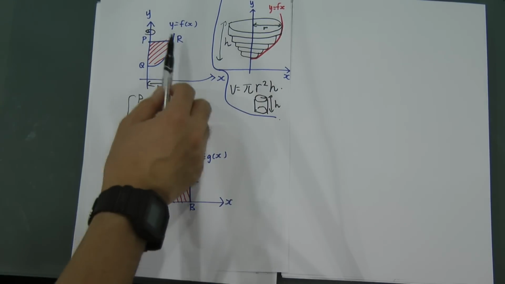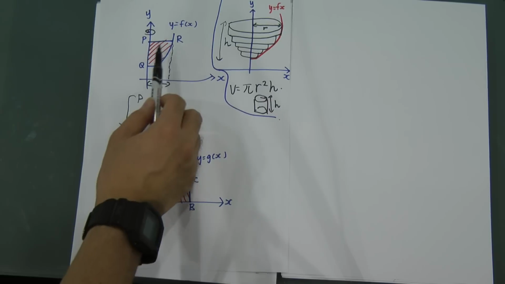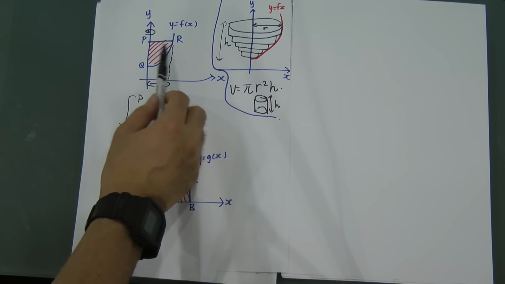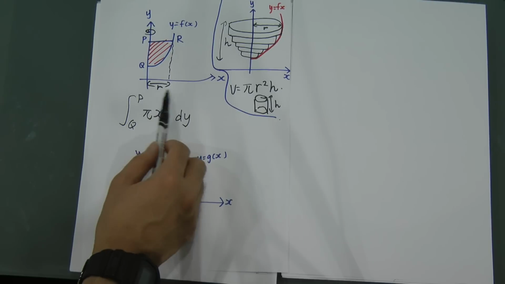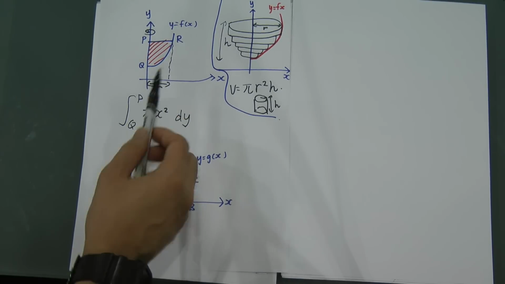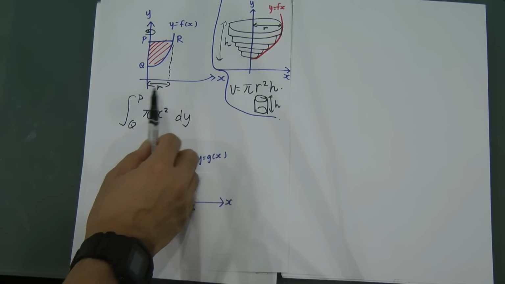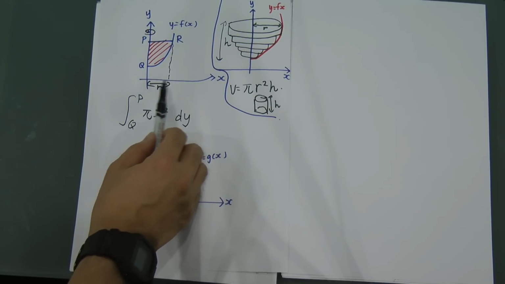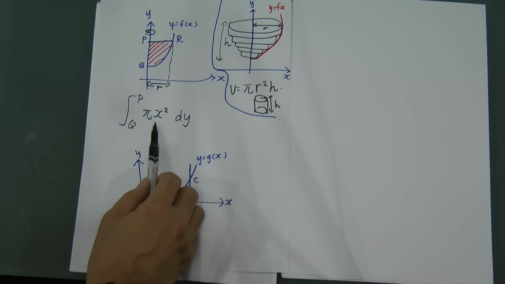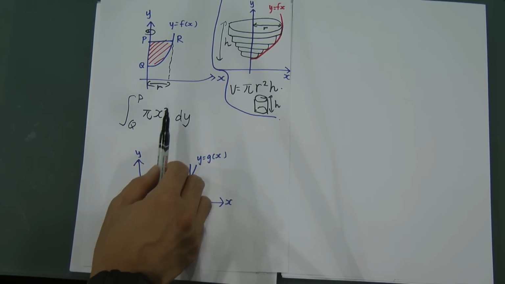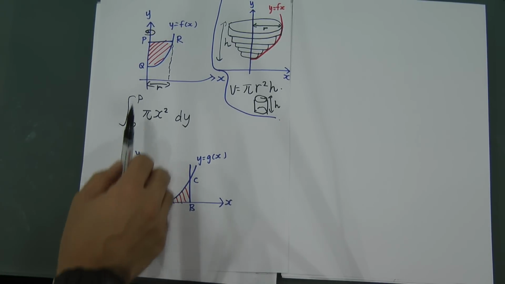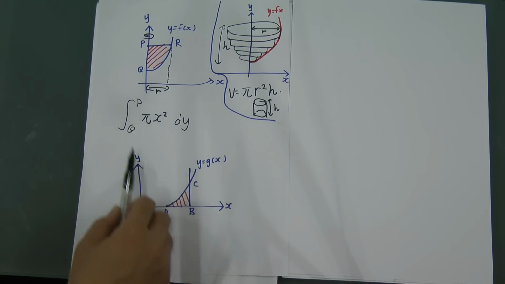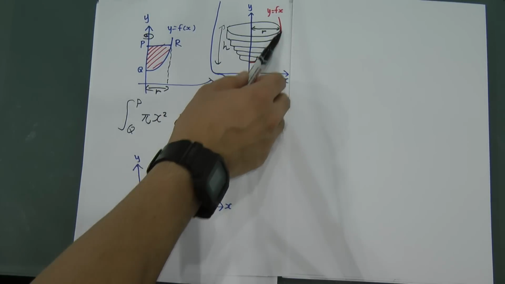So when he rotates 360 degrees, this is pi r square, and r here actually is the length on the x-axis, meaning the x value. If this is 0 to 7, so here will be 7, but then 7 here is from the x, so we straight away write out pi x square h. This QP is the h, because this actually is the curve.